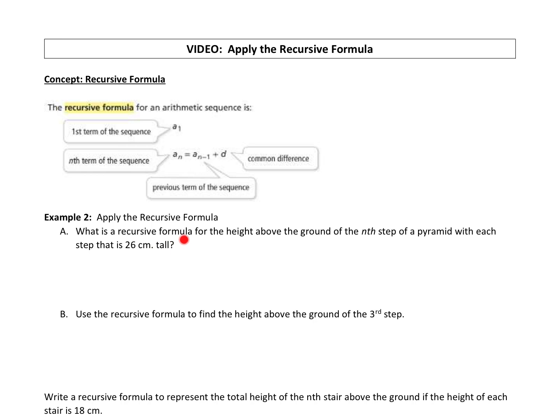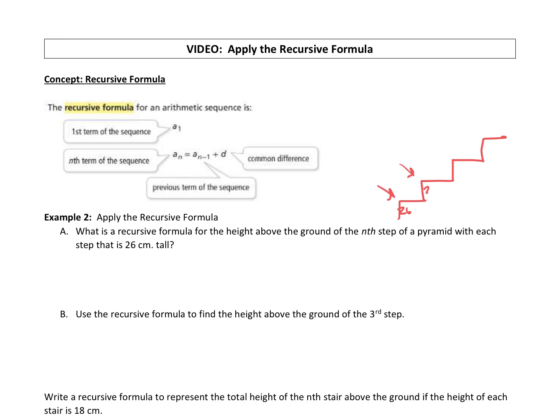What is a recursive formula for the height above the ground of the nth step of a pyramid with each step that is 26 centimeters tall? So this is not going to be a very good picture of steps of a pyramid, but here are steps. What they're saying is that step 1 is 26 centimeters tall.